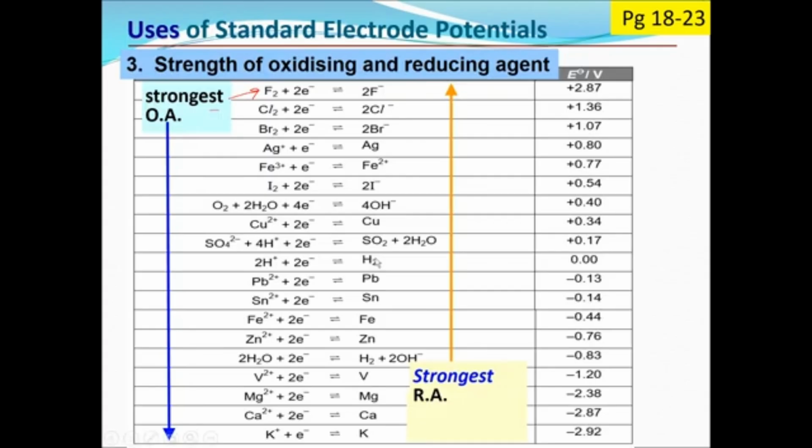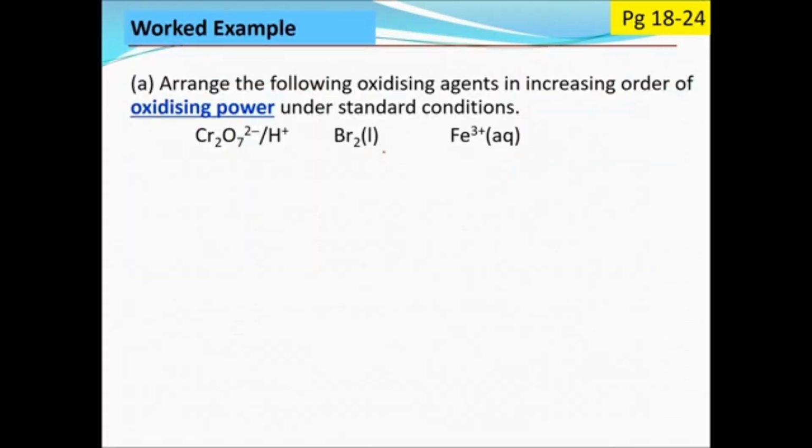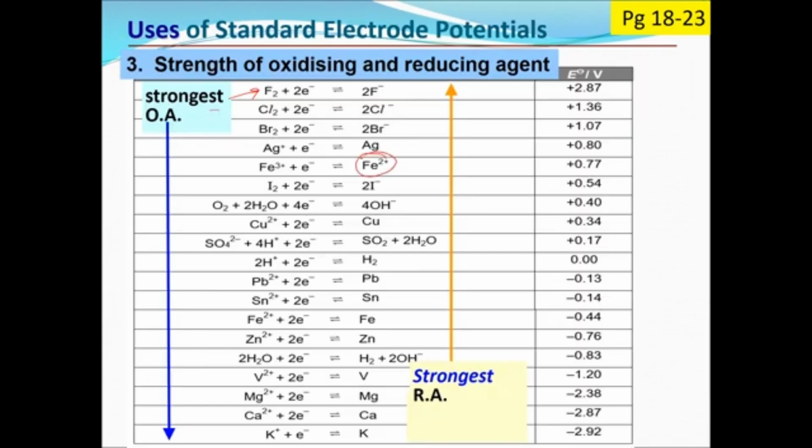In this table, you can see iron 2 plus here, iron 2 plus here, as well as iron 2 plus here. If you want it as a reducing agent, you need to find it on the right-hand side, while in this case you'll be having a discussion of iron 2 plus as an oxidizing agent. Just be mindful of where you pick them out.